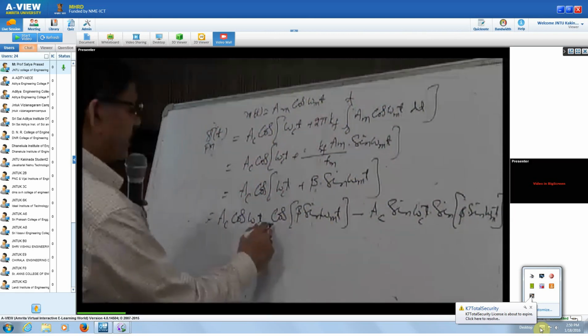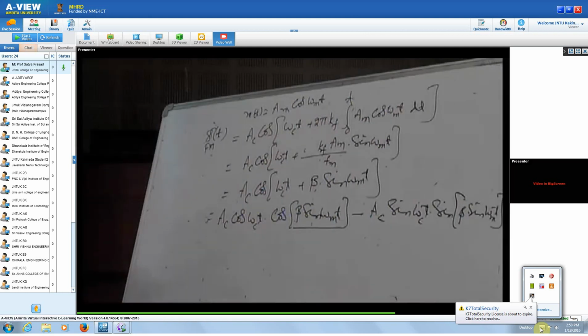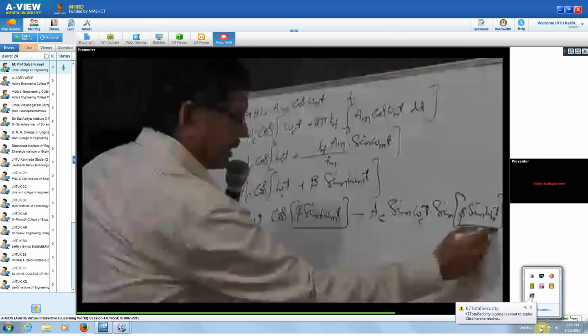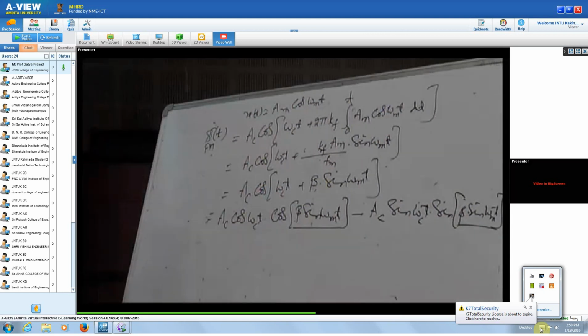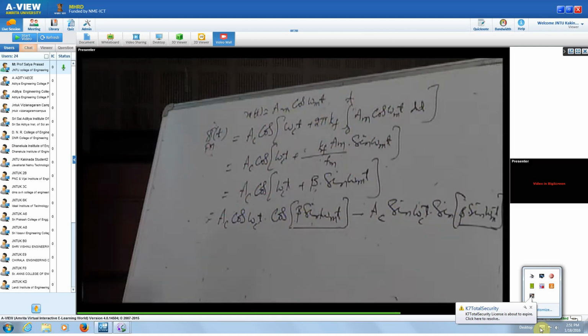So we have here cos of beta sin omega m t and sin of beta sin omega m t. So this cos of beta sin omega m t is a periodic signal. Therefore, we can expand this into a series, right?